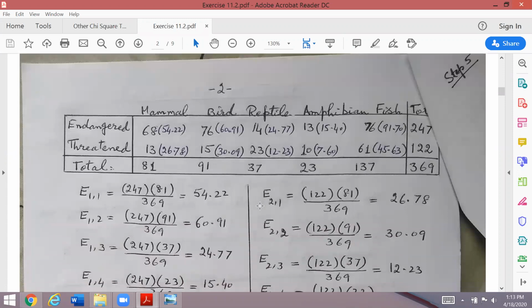I have told you the formula. E11 means the element in the first row at the first column. What is the element in the first row? 68. Then we take its row sum. What is the row sum? 247. And for the first column, what is the column sum? 81. The row sum is 247 and the column sum is 81. Just multiply them and divide by the grand total. Your grand total is 369.